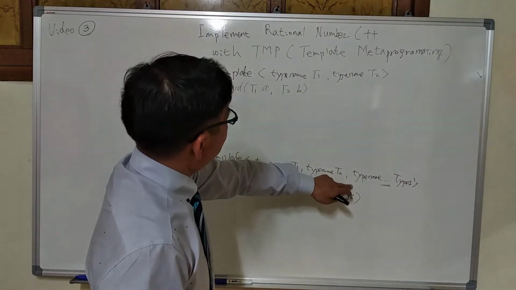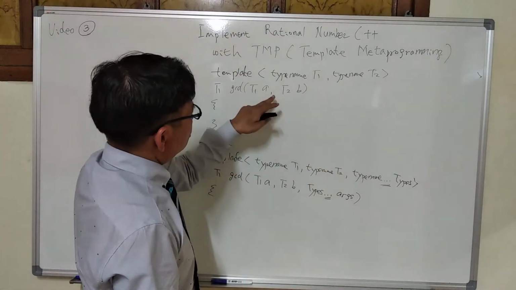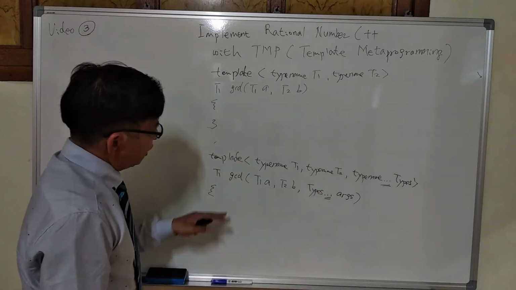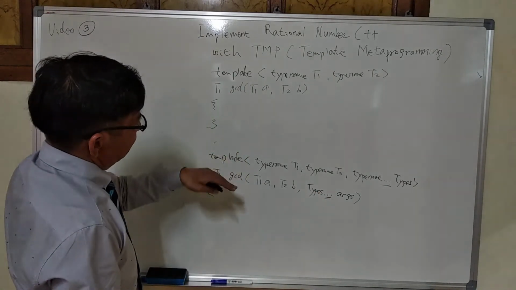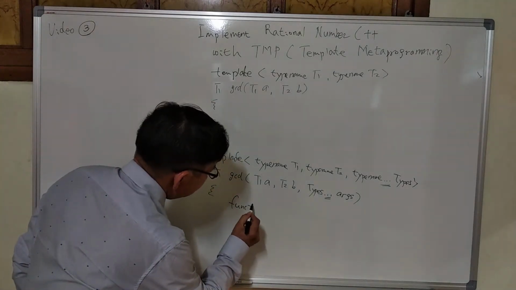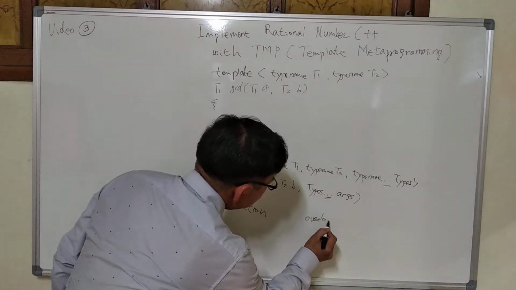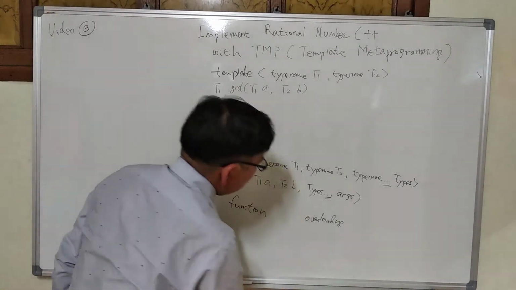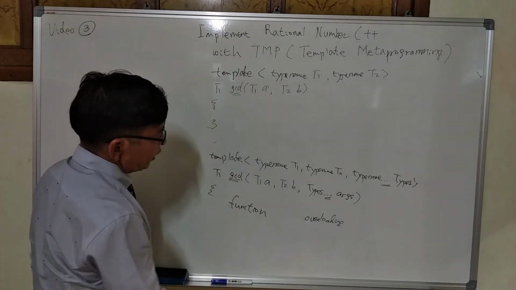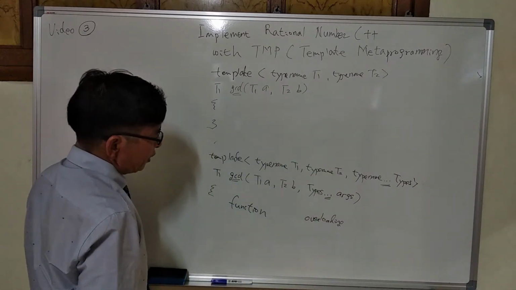and a different number of call parameters. This one has two parameters, and this one has two or more parameters. So these are called function overloading. Function overloading means function names are the same, but can have different types and different numbers of arguments.